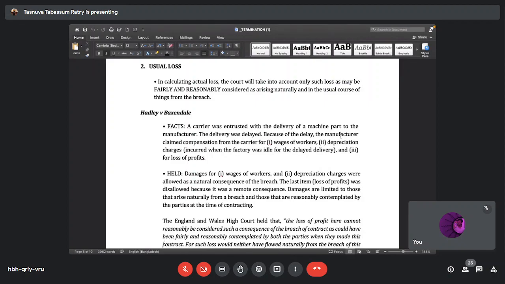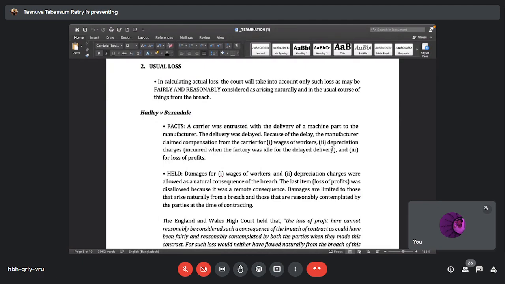So delivery date মধ্যে সে delivery দিতে পারে না for the machine part. As a result, there was a delay, and because of the delay, the machines that were waiting for the machine part, all of them were of course sitting idle.